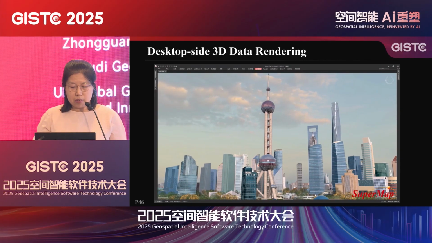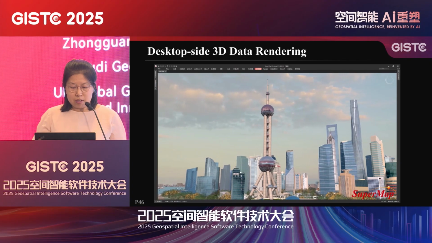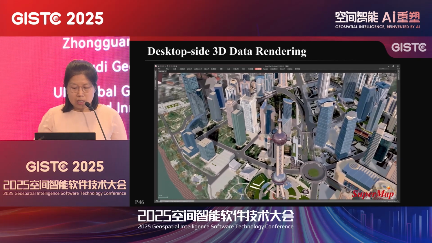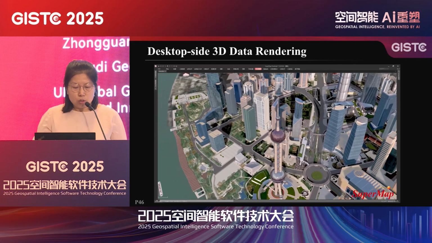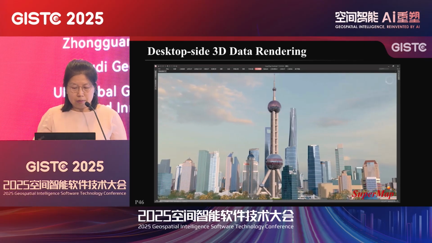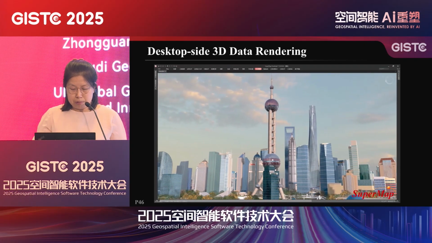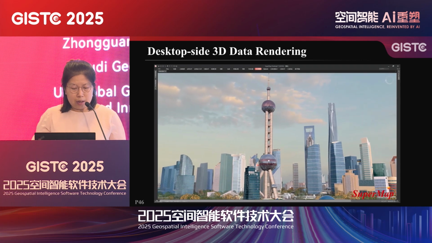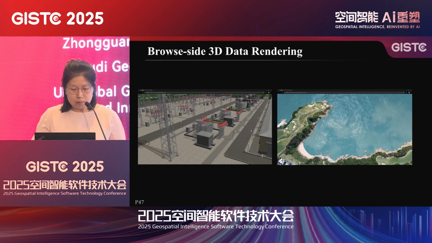This video showcases how we effectively and realistically displayed the final model of the Shanghai Oriental Pearl Tower and its surrounding buildings in SuperMap's desktop software with impressive detail and visual appeal.